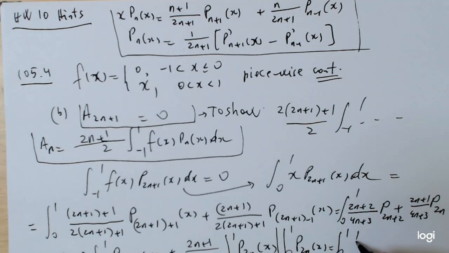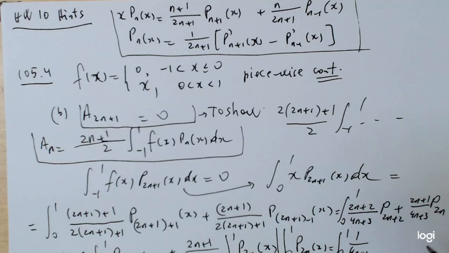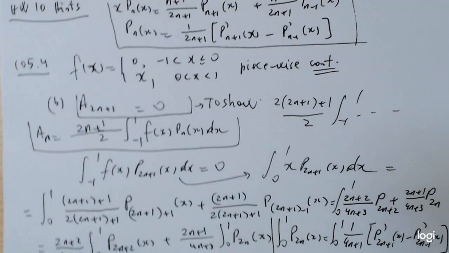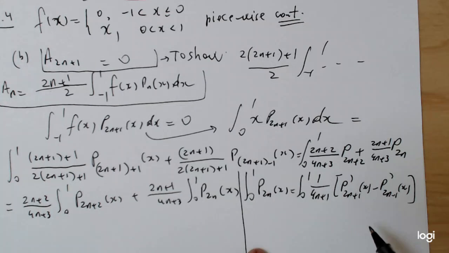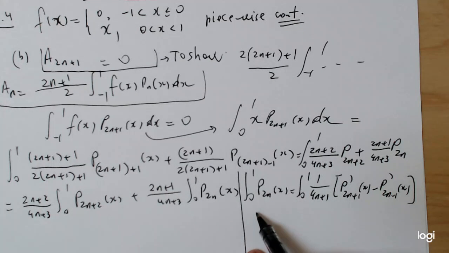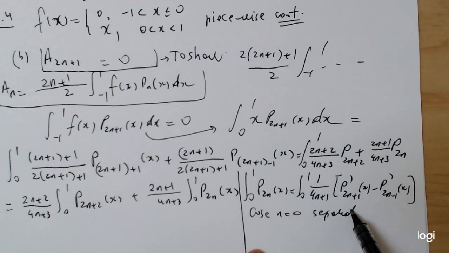So it's going to be 1 over 4n plus 1 times p prime 2n plus 1 of x minus p prime 2n minus 1 of x. And at this point, notice that the case n equals 0 is to be treated separately.